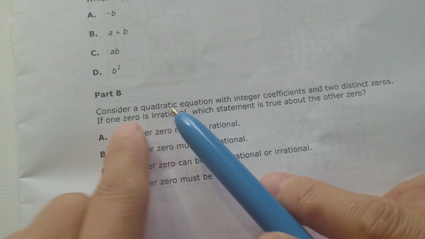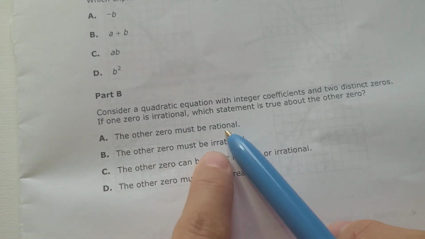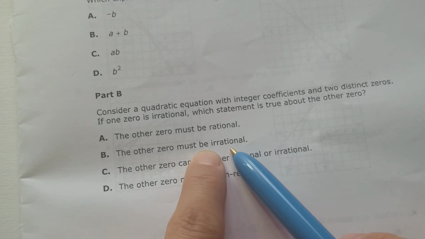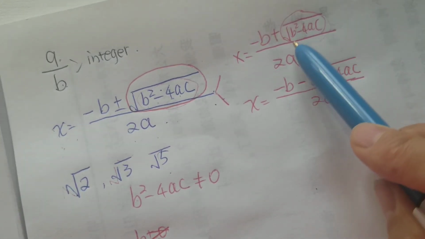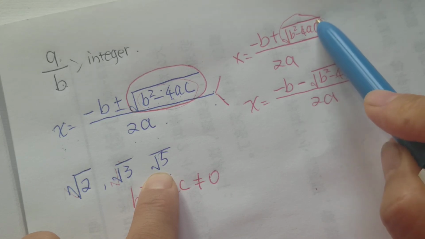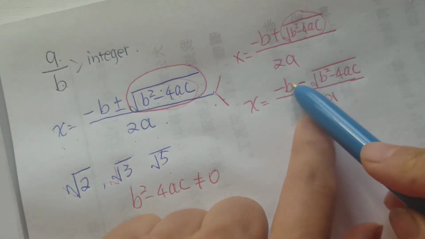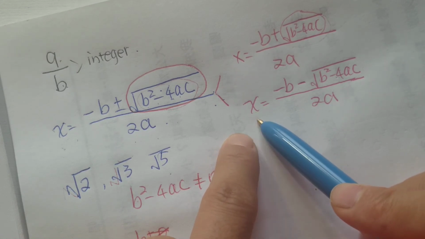If one zero is irrational, the other zero must be irrational, because if under the square root is not a perfect square, which means this is an irrational number, and the other one you minus another irrational number, your x must be irrational.